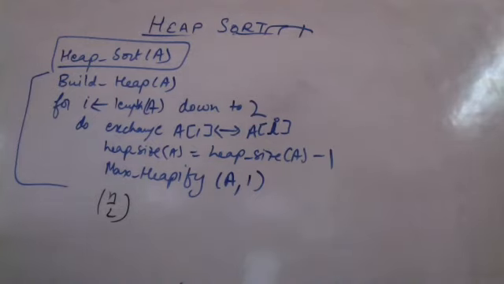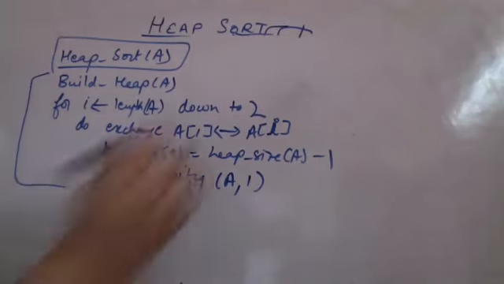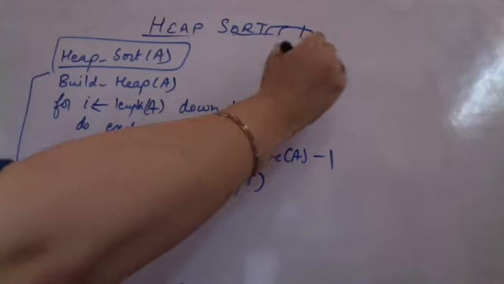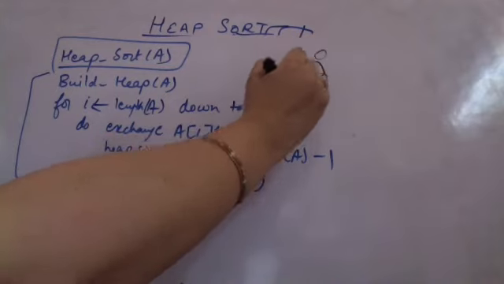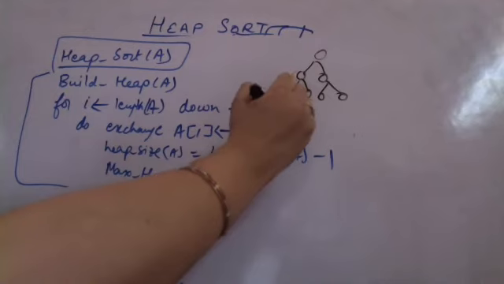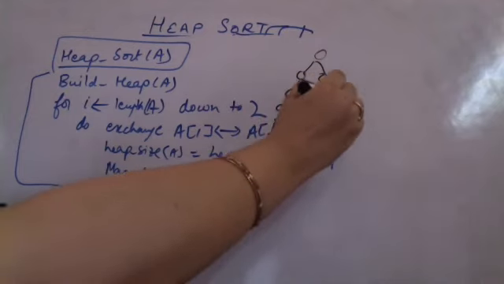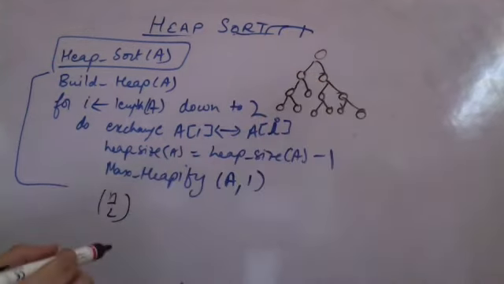So I'm actually dividing my problem into a size of n by 2, n by 2, n by 2, and then calling heapify, dividing the problem and then sorting.